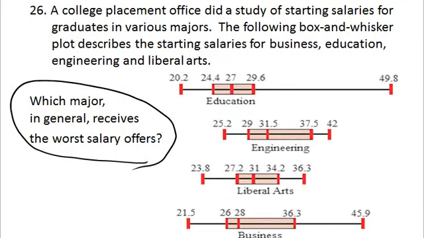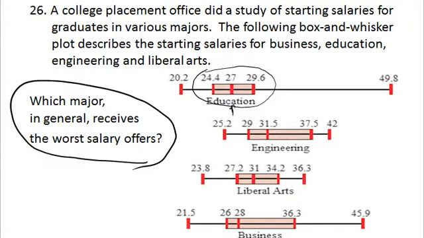So this is simply a question of visually scanning, and this is the power of the box and whisker plots. It makes it possible to do a quick visual scan and answer questions like this. You can see that not only is the median for education lower than the median for engineering, liberal arts, and business, but actually most of the data is concentrated at a lower level than the others.